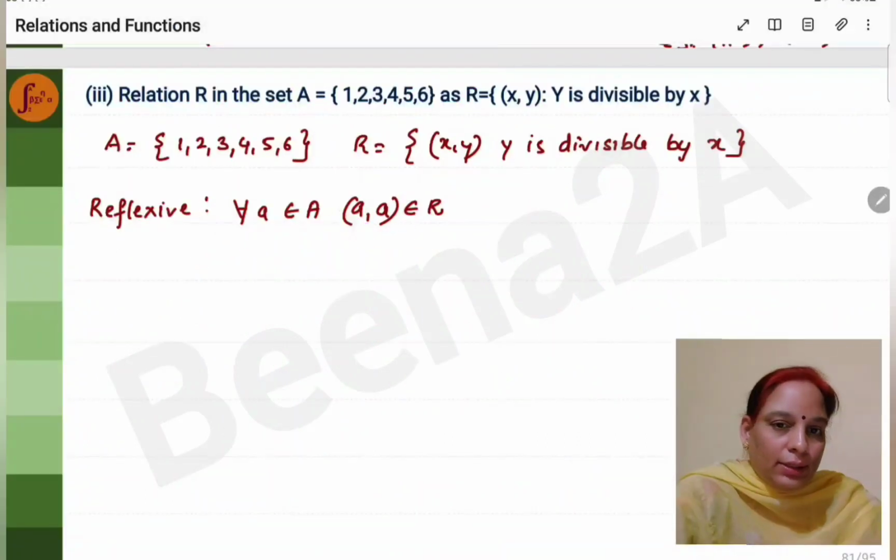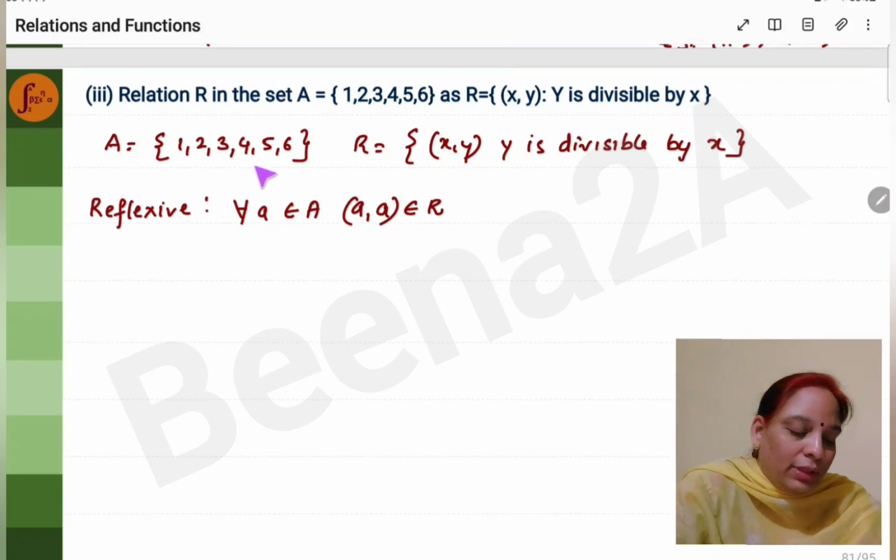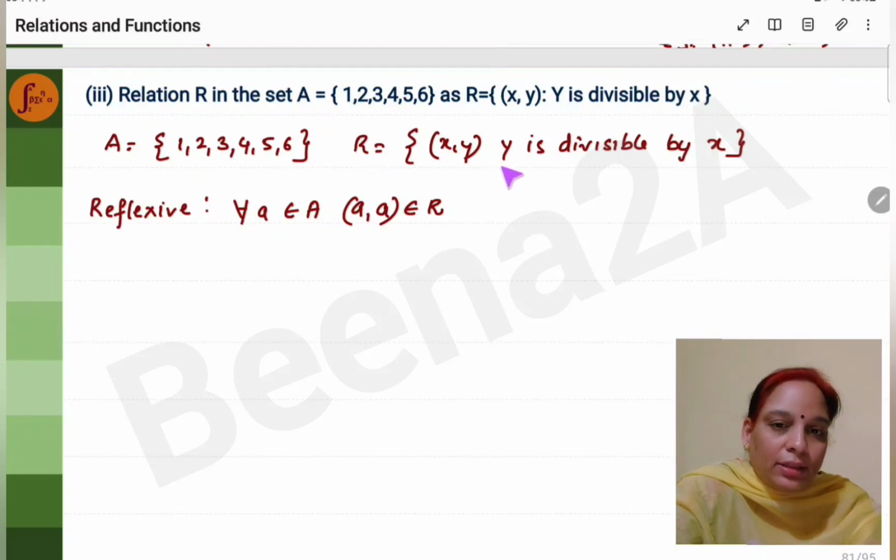So let's take another example. Relation R in the set A has 1, 2, 3, 4, 5, 6. And the relation is y is divisible by x, right? So you have a set with elements from 1 to 6. Then the relation is defined as y is divisible by x.